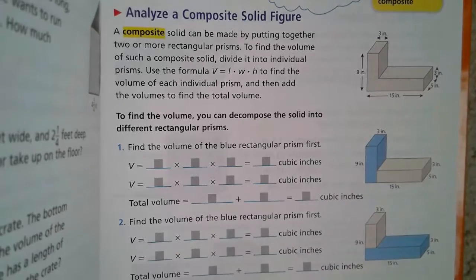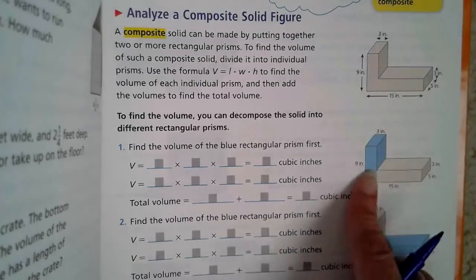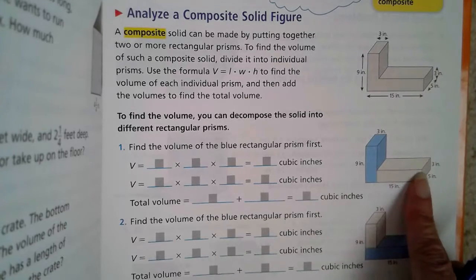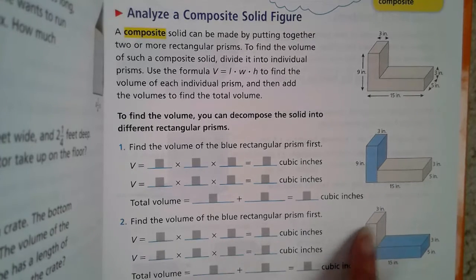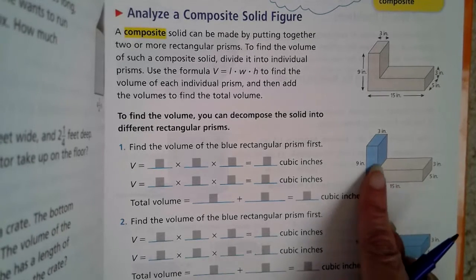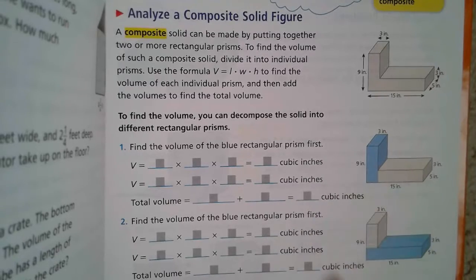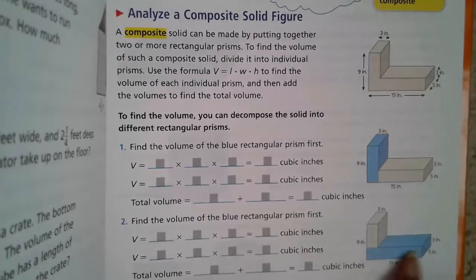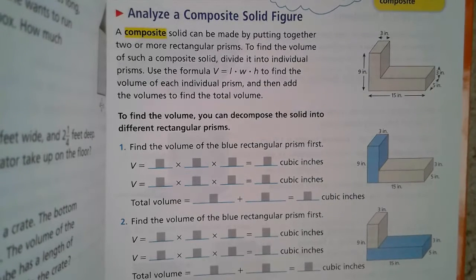And there's two ways to break it up. We could break it up so we have this long rectangular piece and then this piece, or we could break it up so we have this longer piece this way and then this shorter piece this way. Because this part right here either needs to go to the up and down one, or this part right here needs to go to the sideways one. So it doesn't matter which way you would choose to do it, as long as you figure it out correctly.